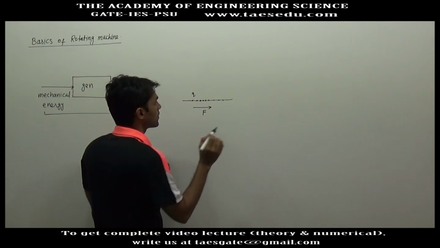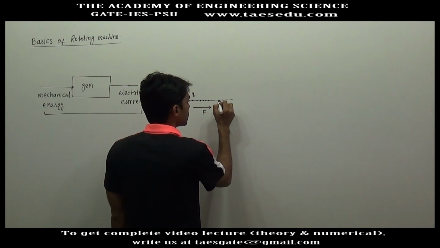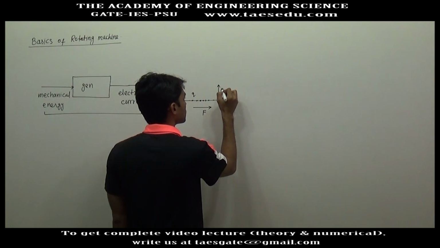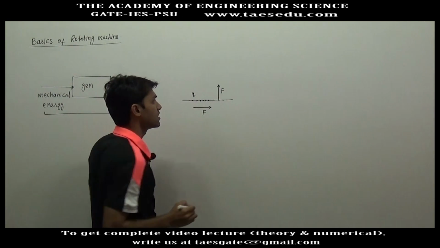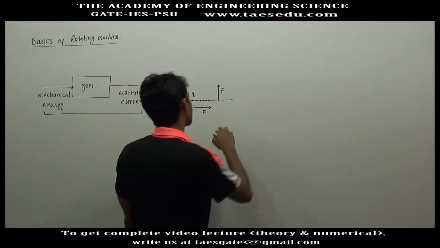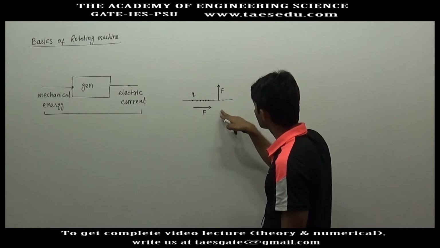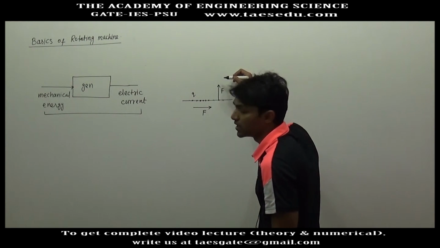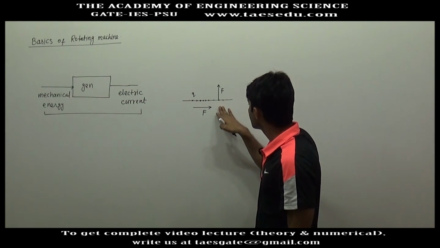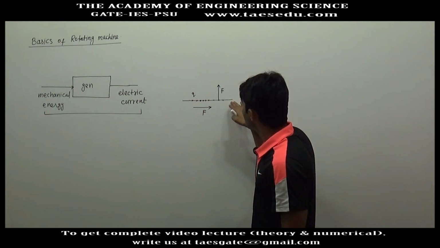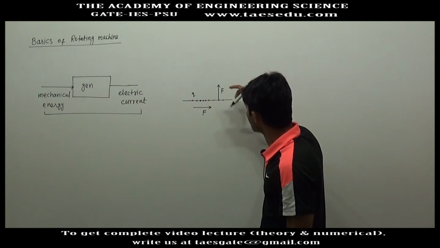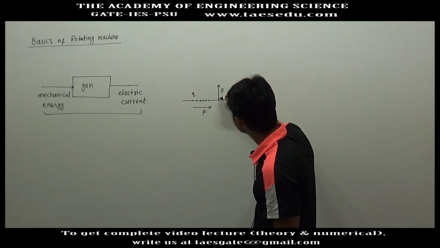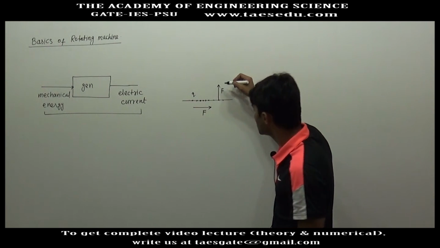Now if you are applying force on this charge in this direction, charges will not move, because the free electrons cannot leave the metal. The free electrons can move within the metal or within the conductor, but cannot come out of the conductor.